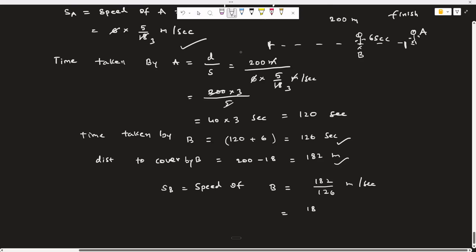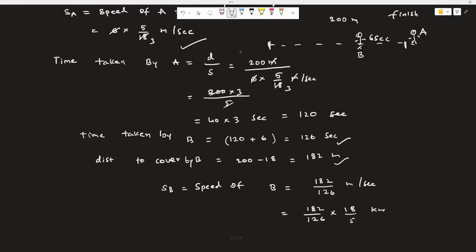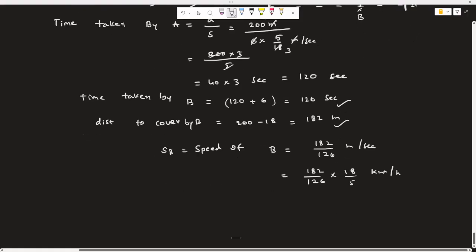So what should I do? We should multiply by 18 by 5, because we are now converting into a higher unit, and the higher number should be in the numerator. Now cancel these numbers. 18 goes into 126 how many times?